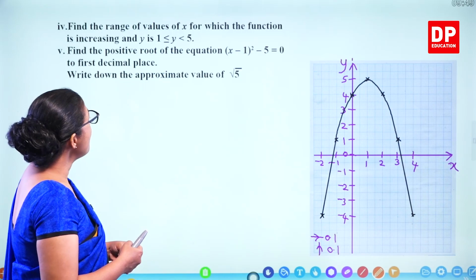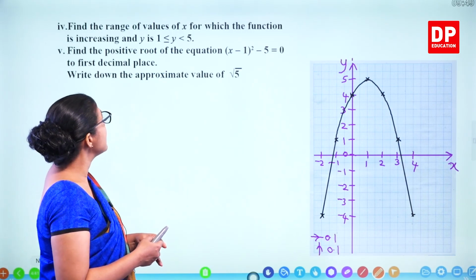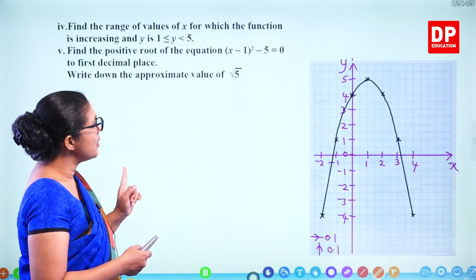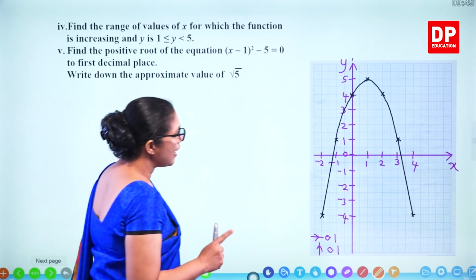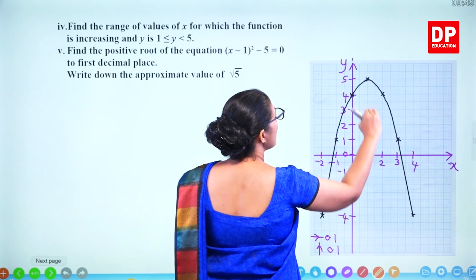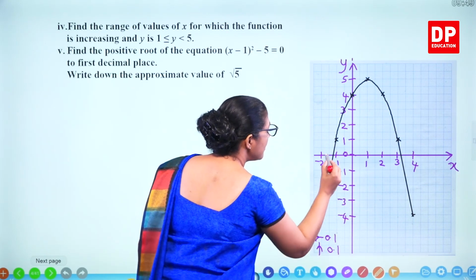Next part, find the range of values of x for which the function is increasing and y is in between 1 and 5. 1 is included and 5 is not. Now the y value is given. Look carefully, y from 1 to 5. Here to here. So what's the x value when y equals 1?